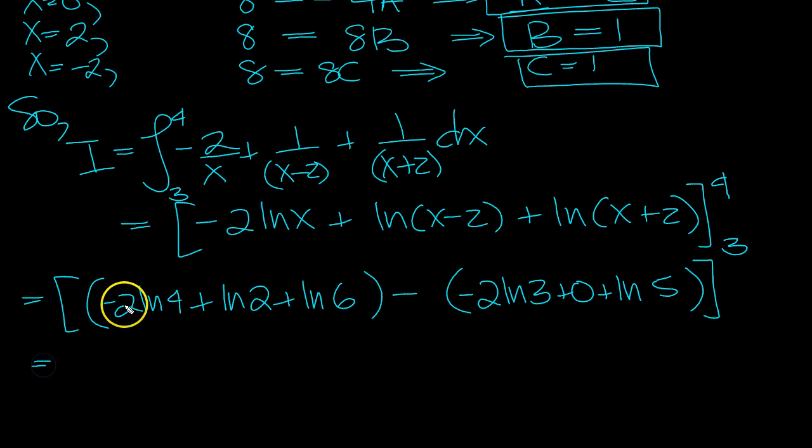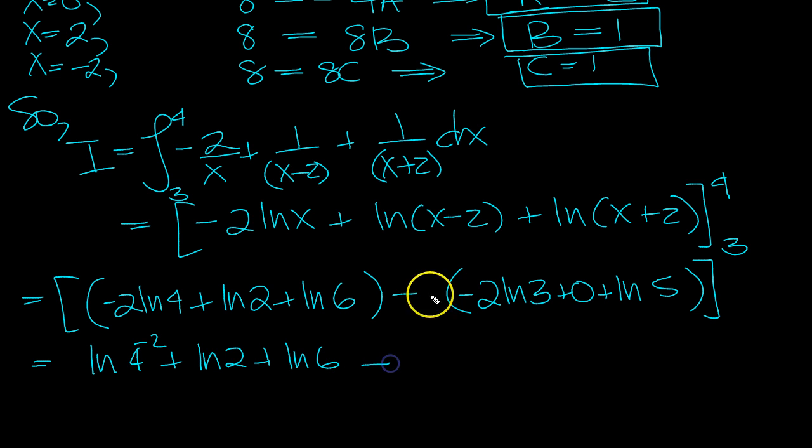So we've got minus 2 log 4, which I can use properties of logs and write as log of 4 to the minus 2, plus ln 2 plus ln 6, minus, and run the minus all the way through the bracket. So that becomes plus ln, and the 2 can go up to be 3 squared, because I've taken care of the minus with this, and then the minus log 5.